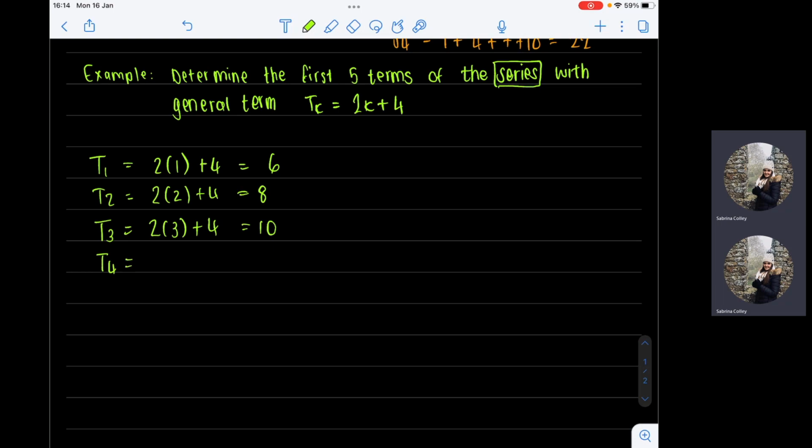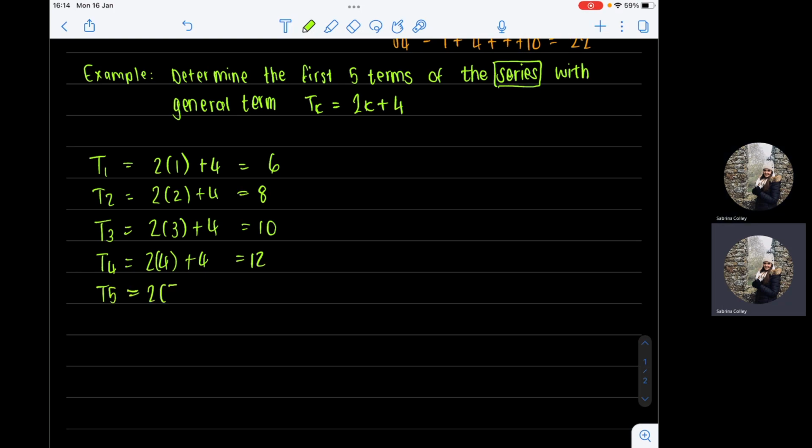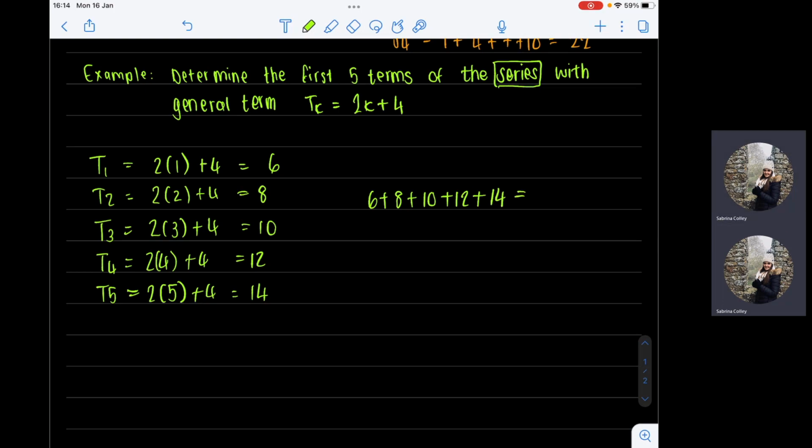Term 4, I do the same, I'd get 12. Term 5, now I get 14. And then I would add them all up together: 6 plus 8 plus 10 plus 12 plus 14. Okay, that is my series.